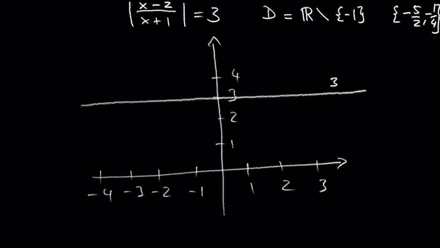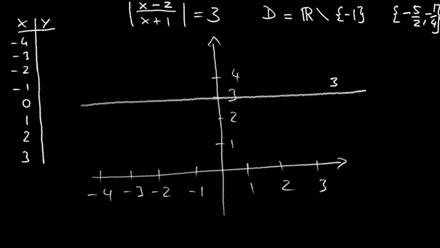Let me quickly do the table. Negative 4 minus 2 is negative 6 divided by negative 3 is 2.